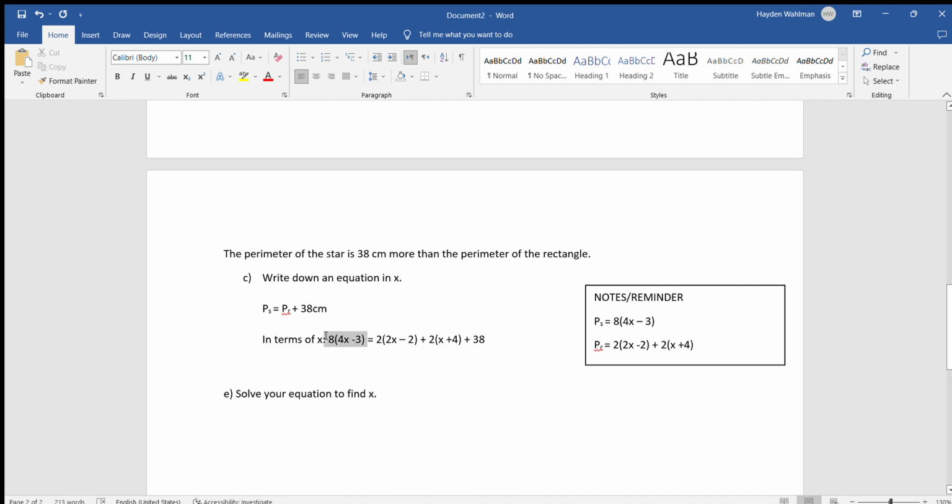Because here's PS, here's PR, and then here's that plus 38. Okay, so that's the final answer in terms of x, here's the answer for C.